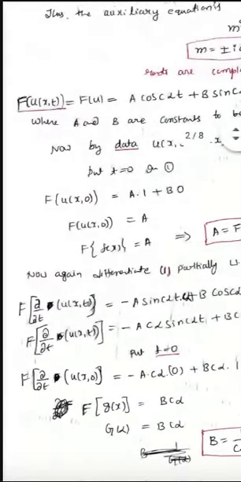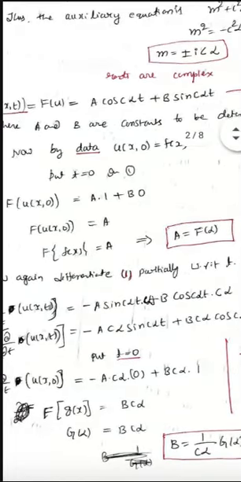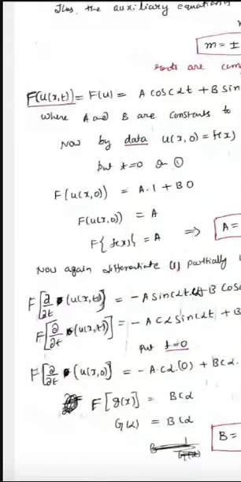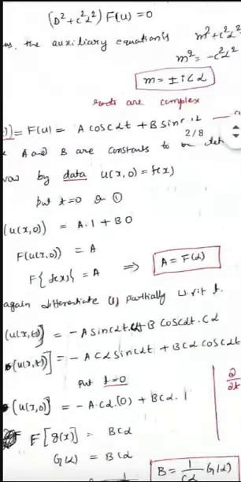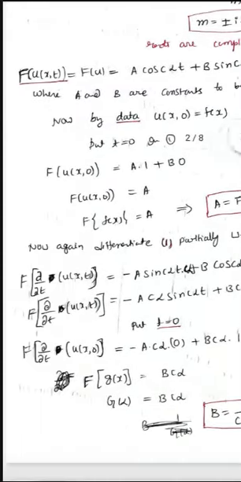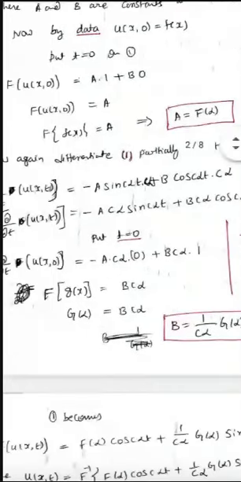You can write it in alpha because m is equal to plus or minus c alpha there. Now again, f of dou by dou t of u of x comma t can be written as minus a sin alpha, because you differentiate equation 1 with respect to t. If you put t equals 0 for that, you will get g of alpha, that is b of c into alpha.